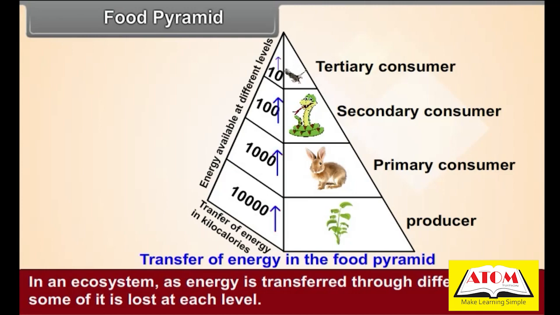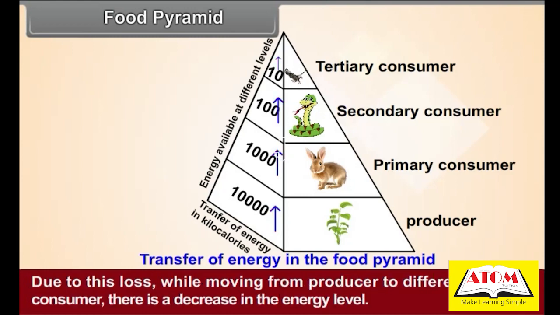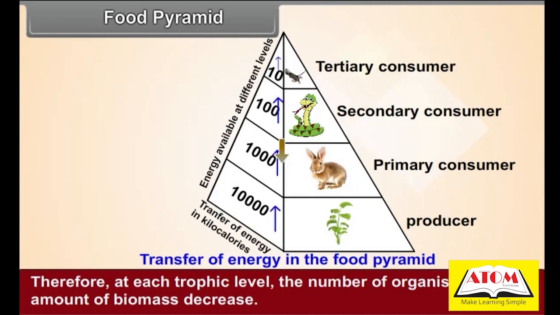Food pyramid. In an ecosystem, as energy is transferred through different levels, some of it is lost at each level. Due to this loss, while moving from producer to different types of consumer, there is a decrease in the energy level. Therefore, at each trophic level, the number of organisms and the amount of biomass decrease.